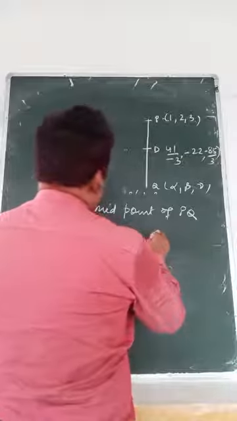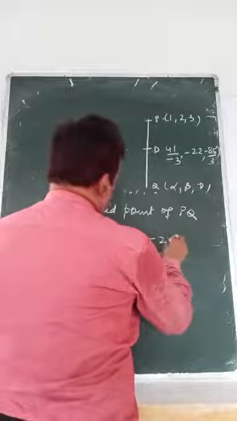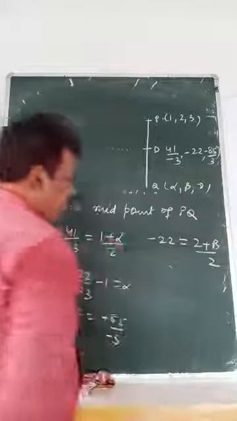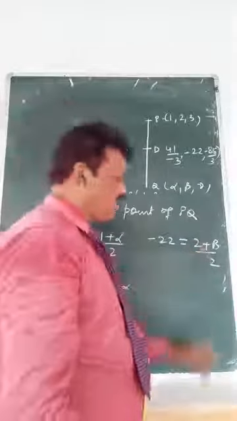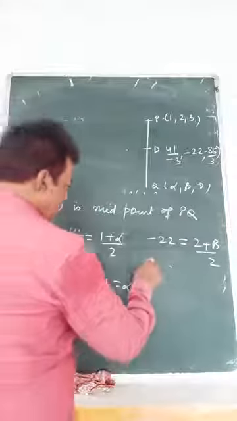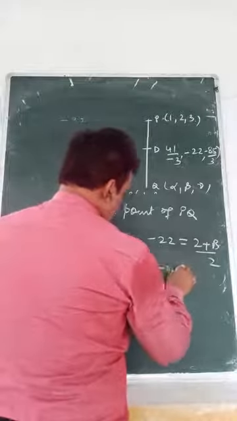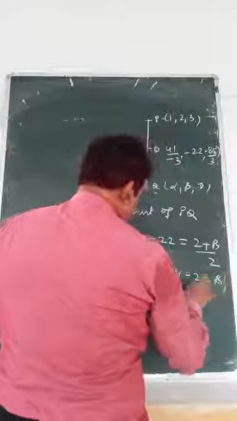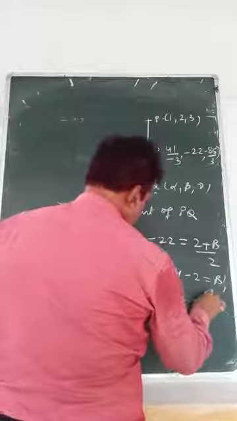Then minus 22 equals (2 plus beta) by 2, so you are getting minus 44 minus 2 equals beta, beta equals minus 46.